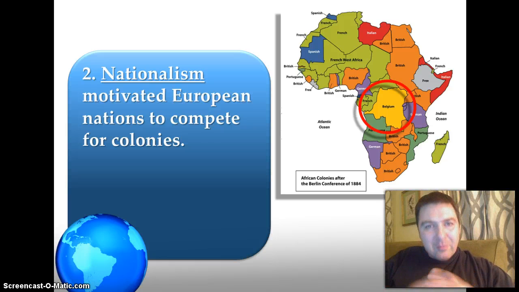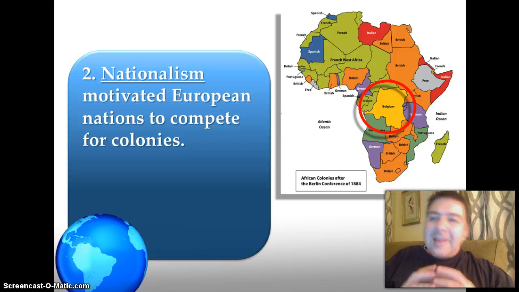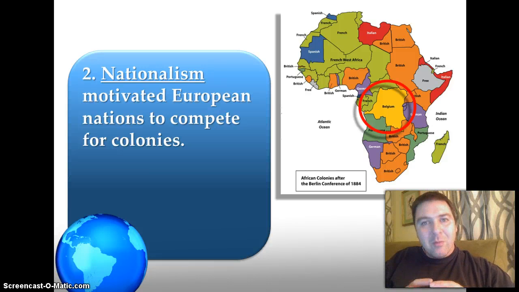In a little tiny place like Belgium, who gets pushed around and kind of disrespected during the 1800s by its neighbors like Germany and France, they're going to be able to go to Africa and conquer the Congo, which is almost 80 times bigger than little Belgium. And that also would inspire pride in a country like Belgium.